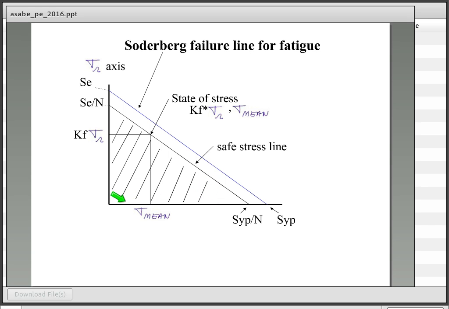If we had no cyclical loading, you see it brings us right here to where we were, yield point divided by the factor of safety. So you'd want to be designing generally in this region, and a designer would need to look at that: where are you in this cyclical stress versus mean stress range for the part, and make sure you're not outside here where you'd be getting failure of the part.